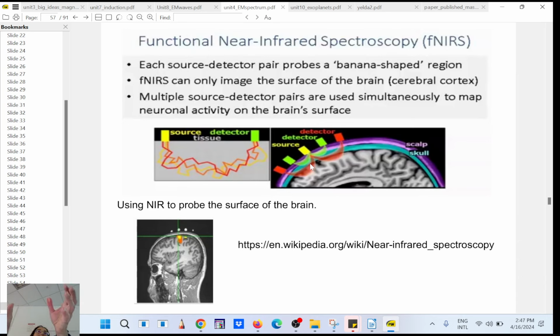Either you have the wave bouncing off, or you have the wave going through, but you can highlight the inside. So you can use near infrared, so it's called near infrared spectroscopy, to scan, to highlight the outside of the brain. Okay, so go for it, look it up. I don't know in which case you want to do that.